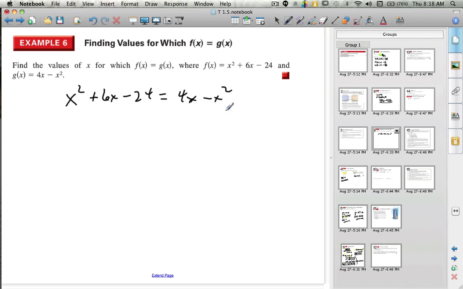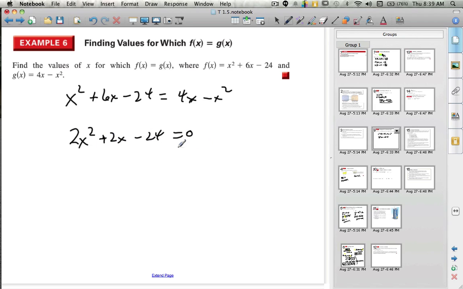And then I'm going to solve, right? So I'm going to add x squared to either side. I'm going to subtract 4x from either side. And now I have a quadratic or a polynomial that equals 0, and I'm going to find values of x that make it equal 0.